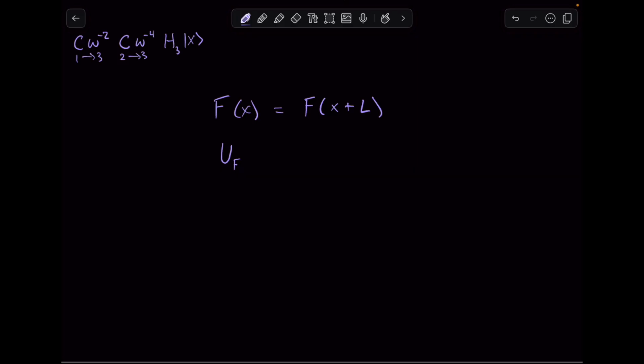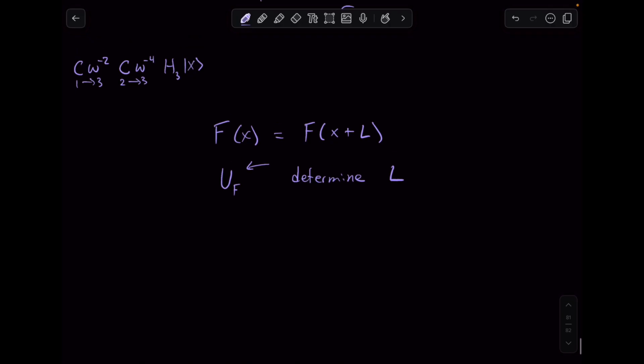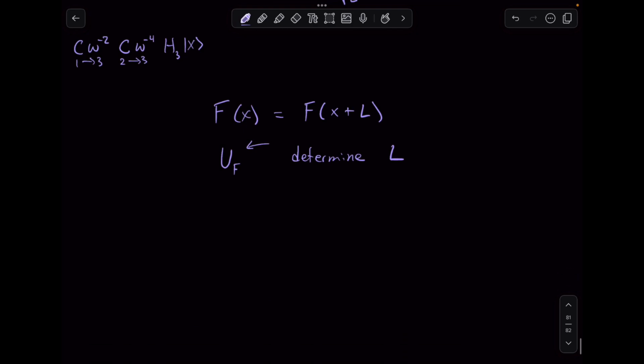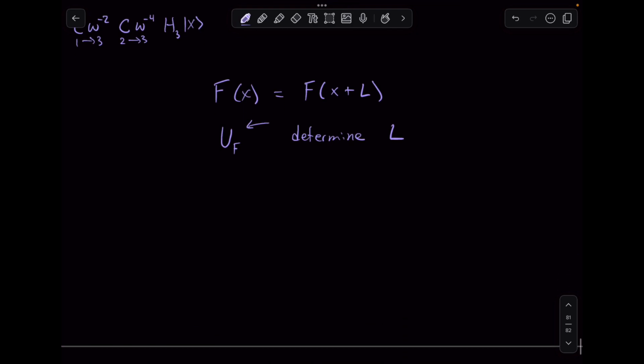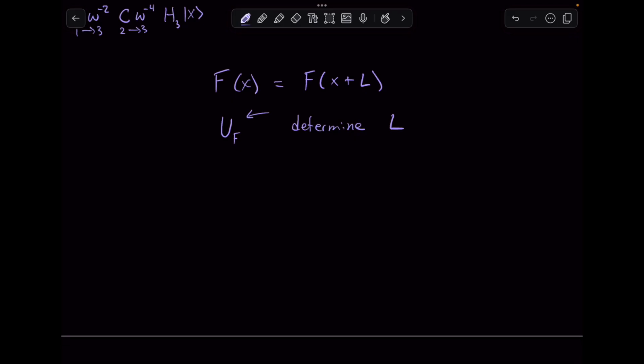And the goal is to come up with some quantum circuit such that we make a minimal number of calls to this unitary U_f, such that we can determine what L is. And we'll see that that's going to require the quantum Fourier transform. It's going to be really useful for that. And this ends up being really the heart of Shor's algorithm, which we'll get into in future videos.